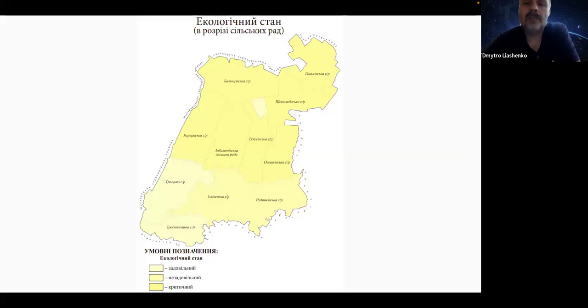Also, to understand this map, we should have background.